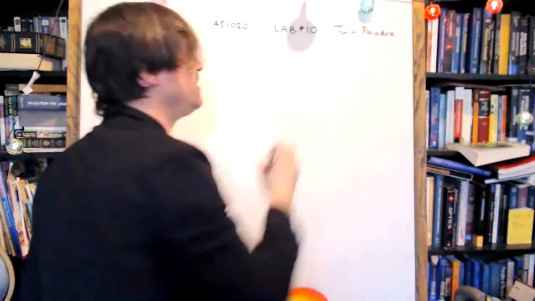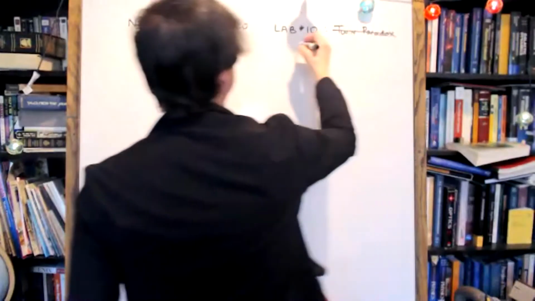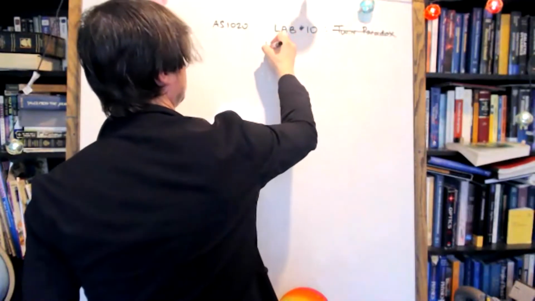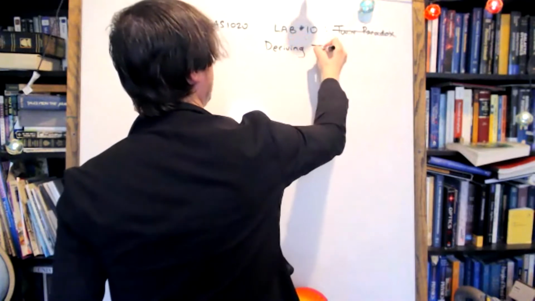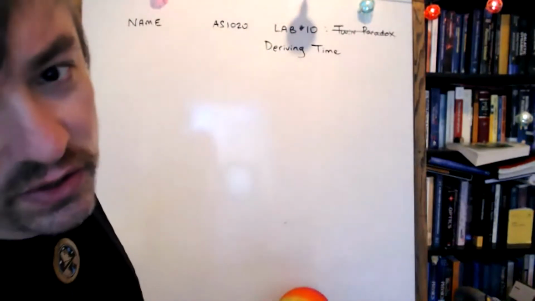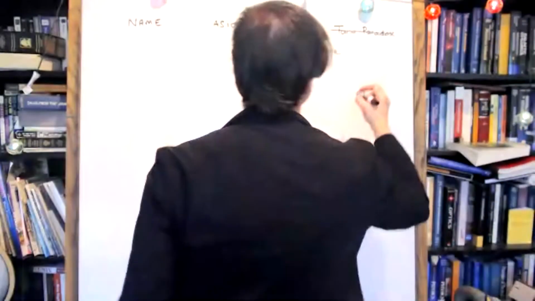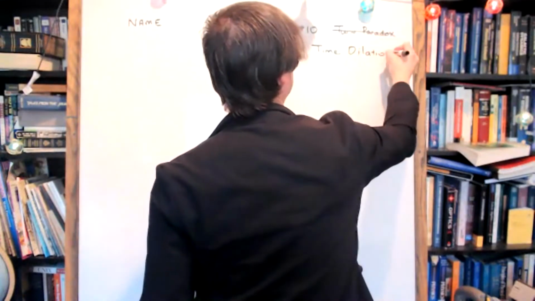And I might still include some of that. But what we're instead going to do is we're going to prioritize deriving a legendary formula, and legendary for being weird and cool and confusing all at the same time, a formula known as time dilation.